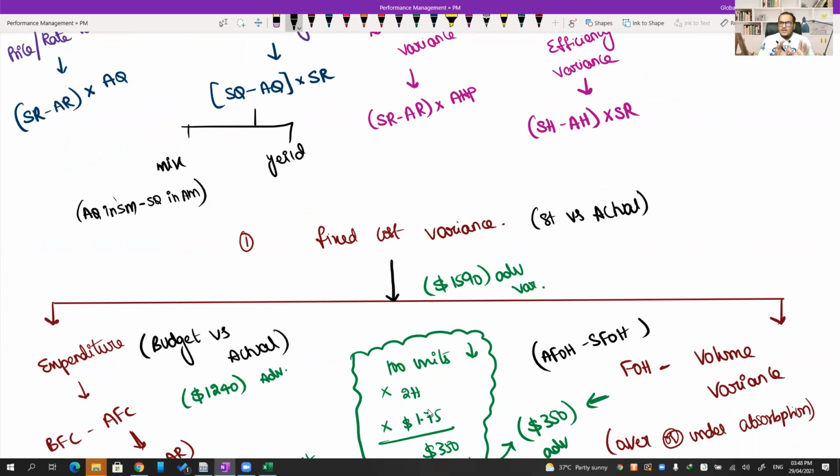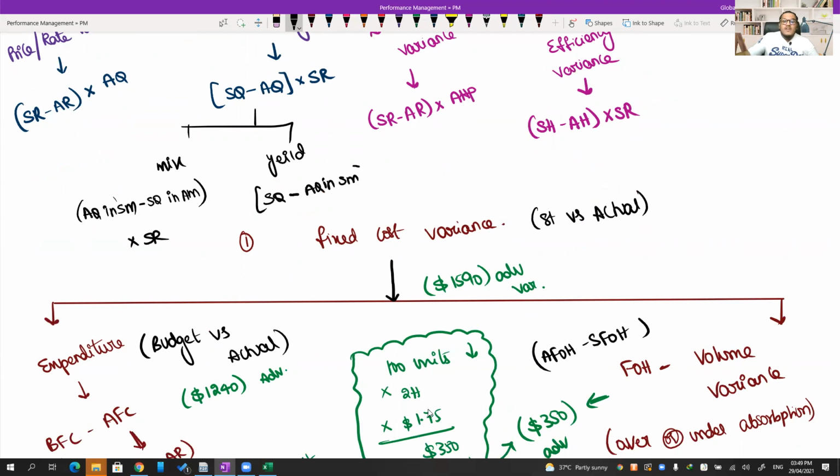See here, what is the difference? Actual quantity only. Total is always actual quantity only. But what is the standard mix and what is the actual mix? By changing the mix of this at the standard rate, obviously at the standard rate, how much did we gain or lose? And yield variance is standard quantity in standard mix only. Standard quantity minus actual quantity in standard mix.